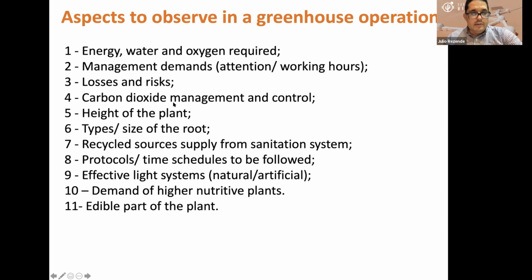Also, it's necessary to manage the carbon dioxide, and the height of the plant, how tall the plant is, to be adapted to our proposed infrastructure.